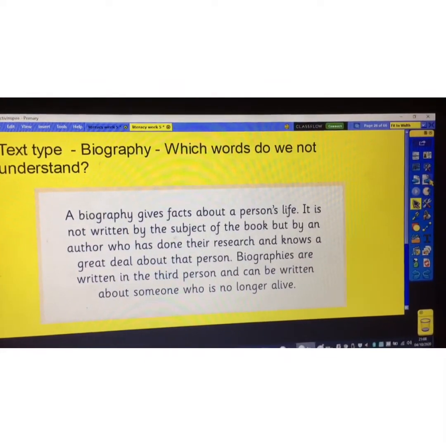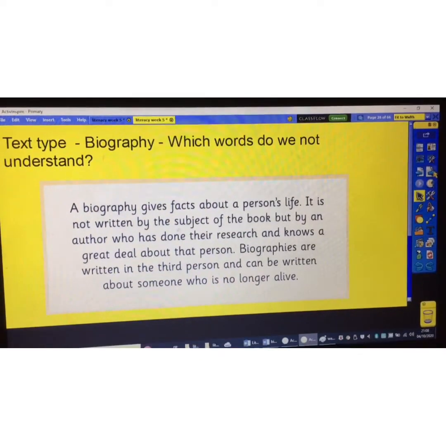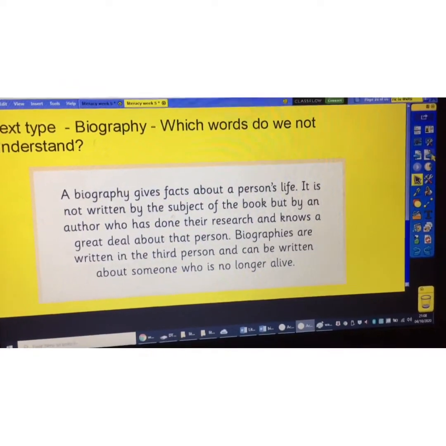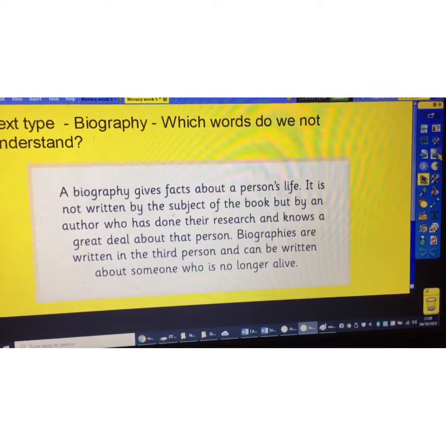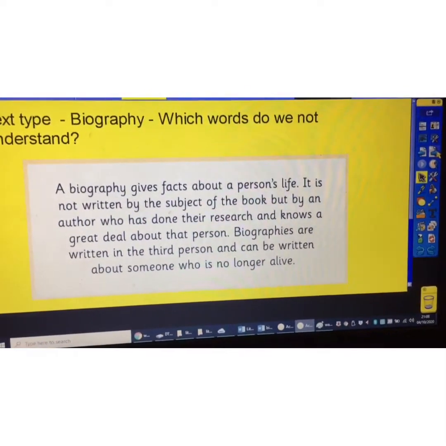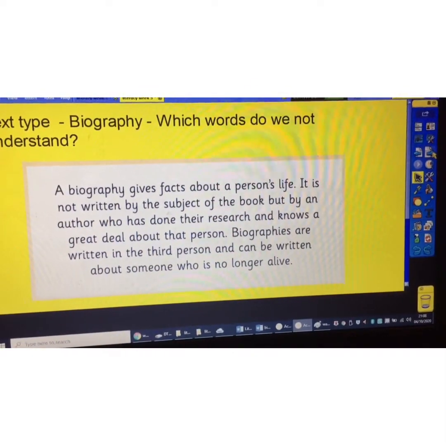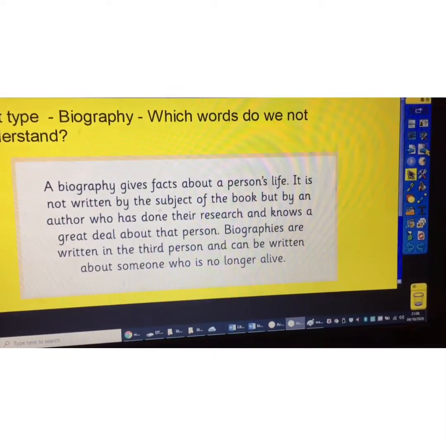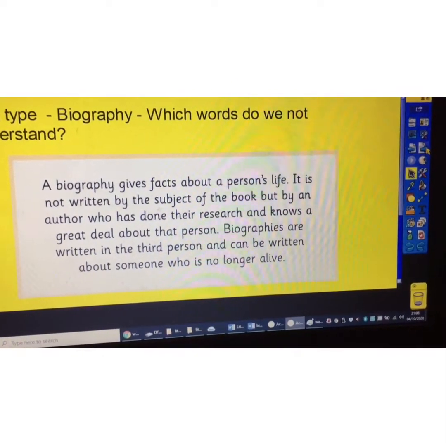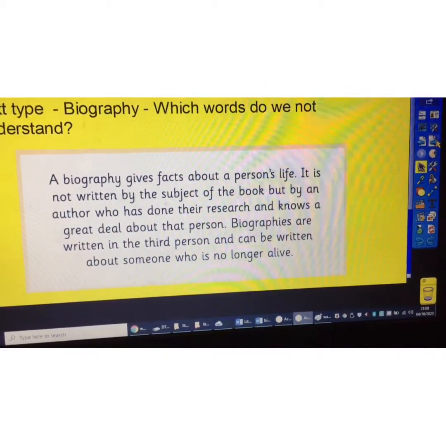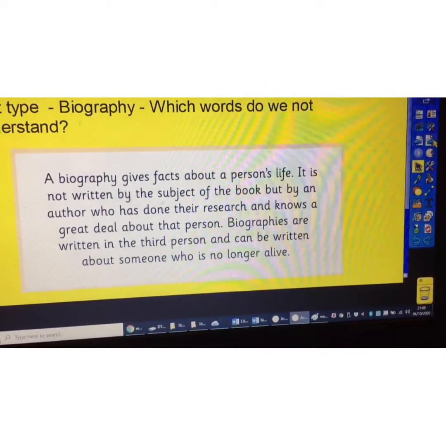So what I'm going to do now is talk through what a biography is with you. I'll read through this and then I'll talk through it and make sure that you understand what it means. A biography gives facts about a person's life. It is not written by the subject of a book, but by an author who has done their research and knows a great deal about that person.